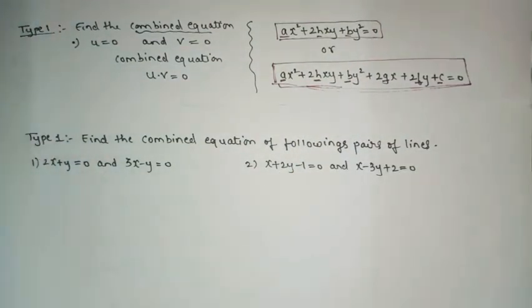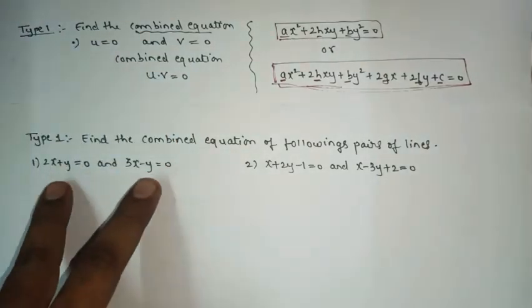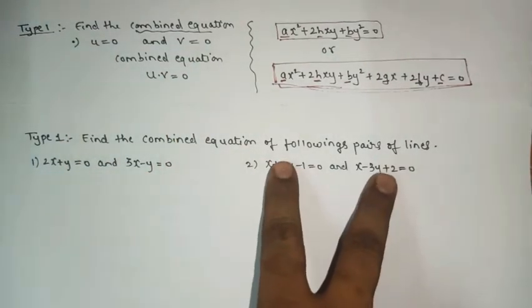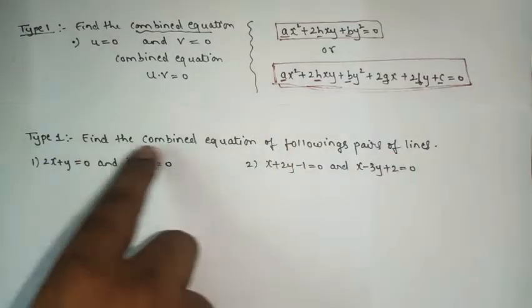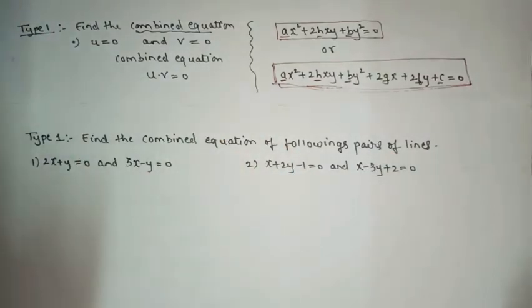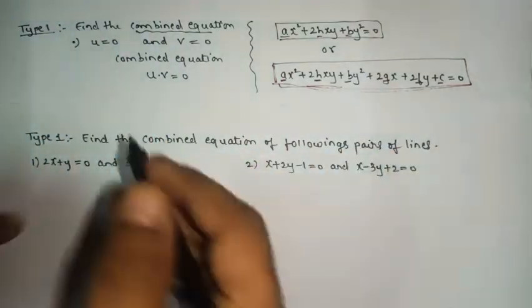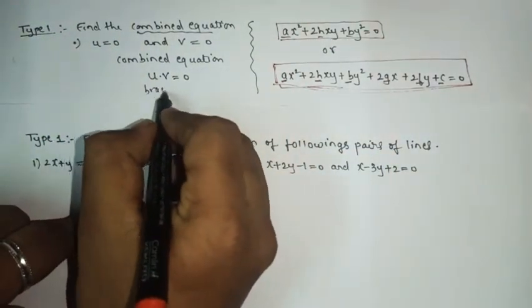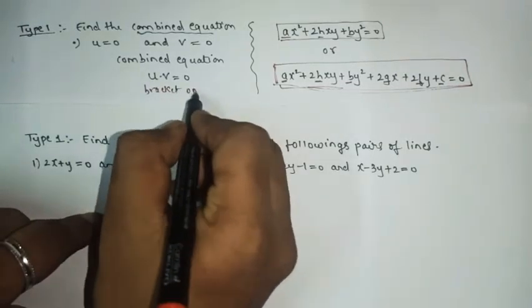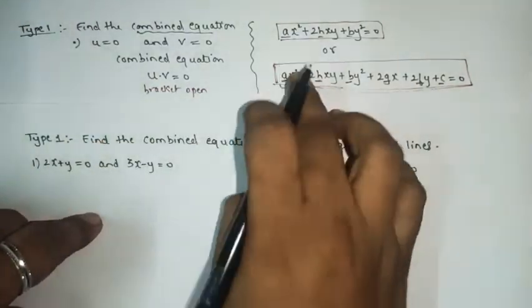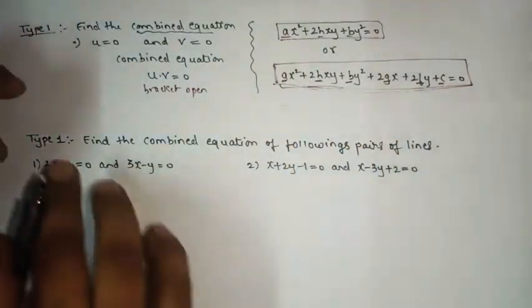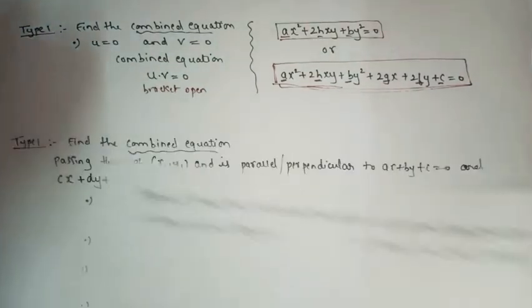So simply, whenever you have two linear equations and you have to find the combined equation, simply multiply, open the brackets, expand, and you will get your combined equation. So this was type number one.